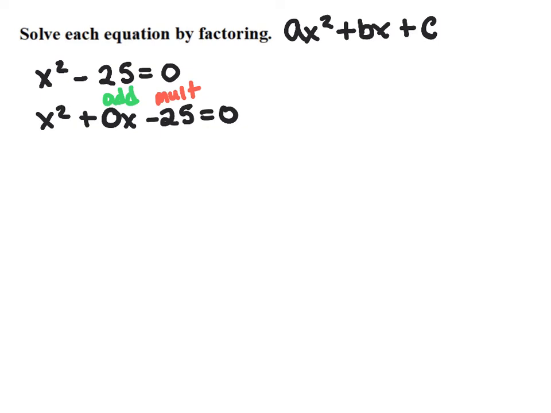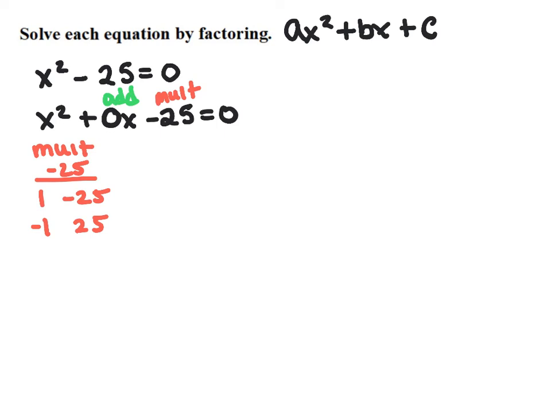So if I first list the numbers that multiply to -25, -25 divided by +1 gives me -25. -25 divided by -1 gives me +25. -25 divided by 2 gives me a decimal, so it doesn't work. -25 divided by 3 gives me a decimal, so it doesn't work, and neither does the negative version. -25 divided by 4 gives me a decimal, so it doesn't work, and neither does the negative version.